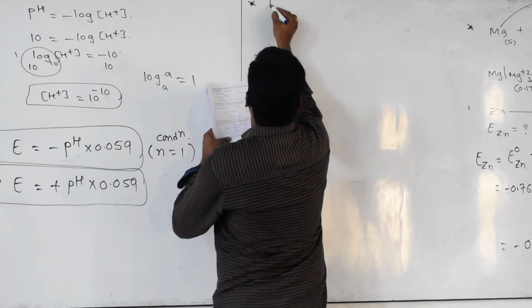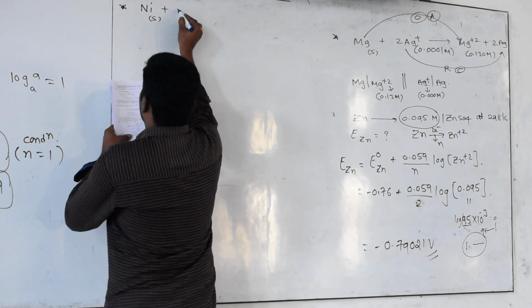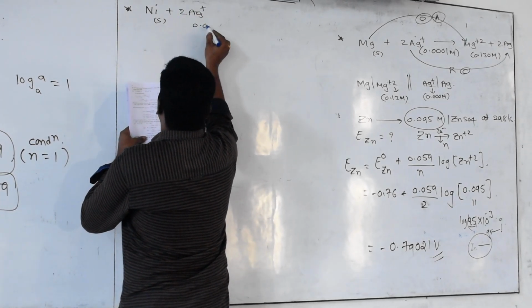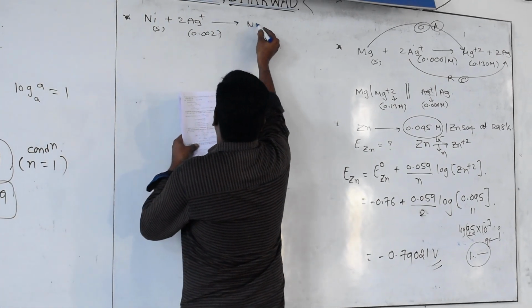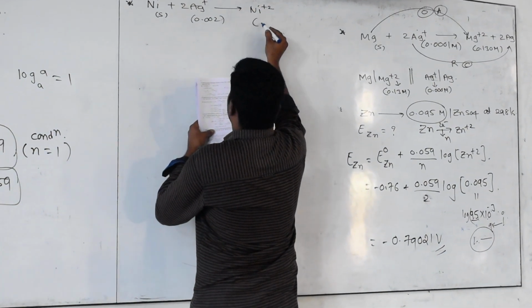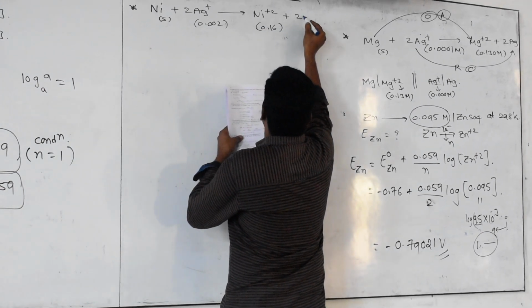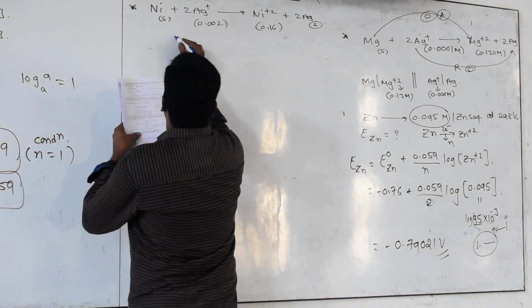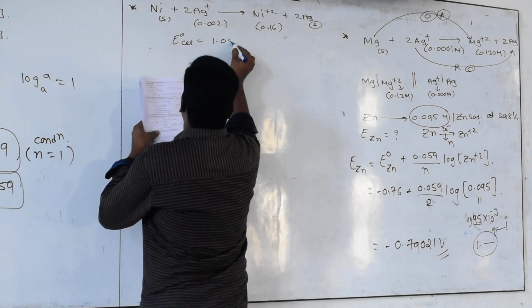You are given Ni solid plus 2 Ag plus with concentration 0.002 molar, giving rise to Ni plus 2 with concentration 0.16 molar plus 2 Ag solid. Standard EMF for this cell is given as 1.05 volts.